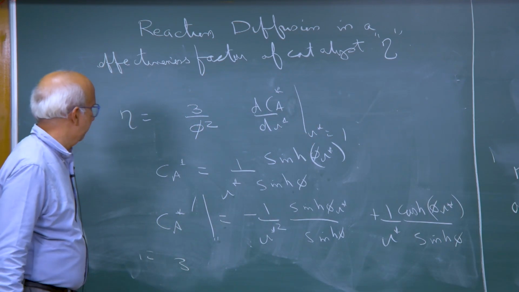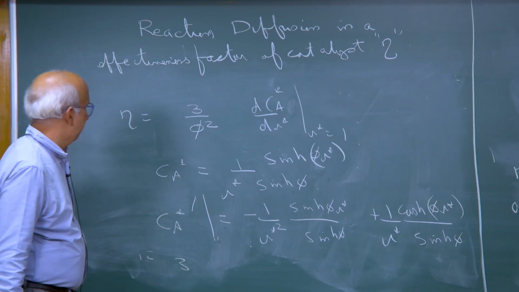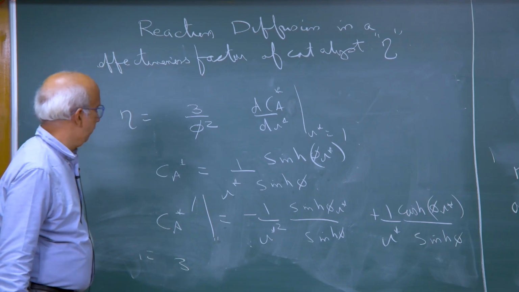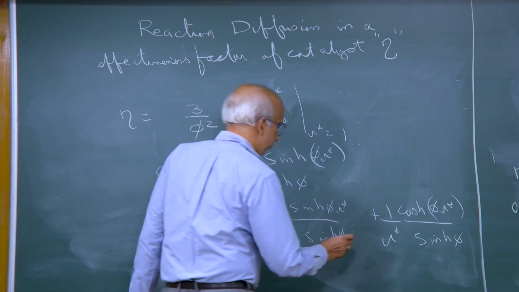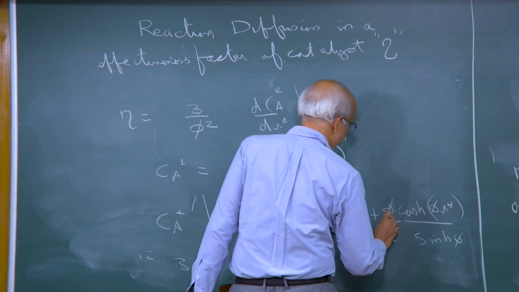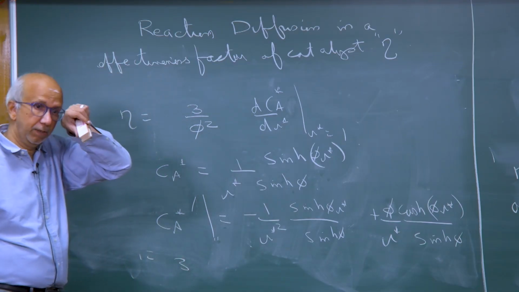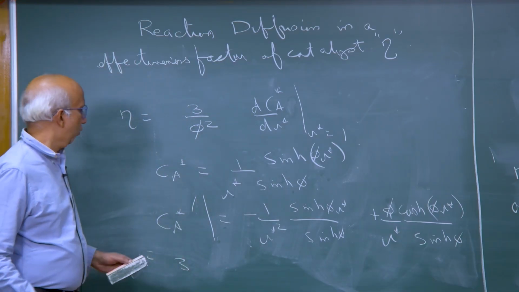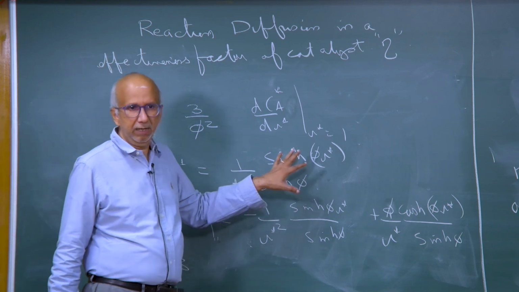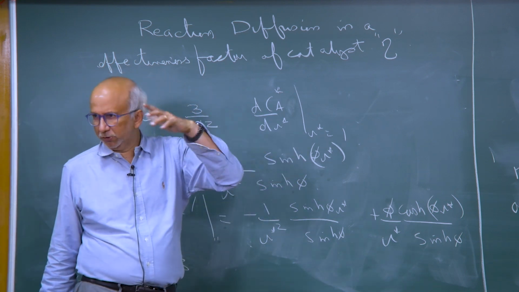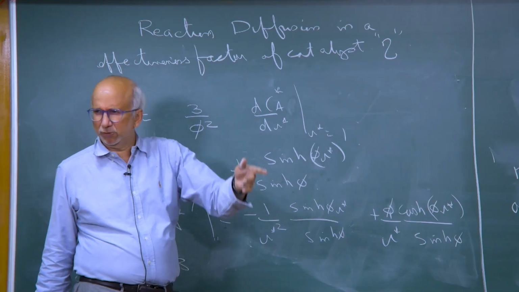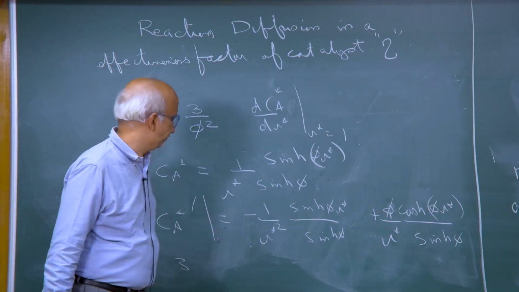Is this right? Sinh of x, so I have a phi outside, no? All I have done is differentiated this, remembering that the sinh derivative is cosh, e power mx, m will come outside, so phi comes out.